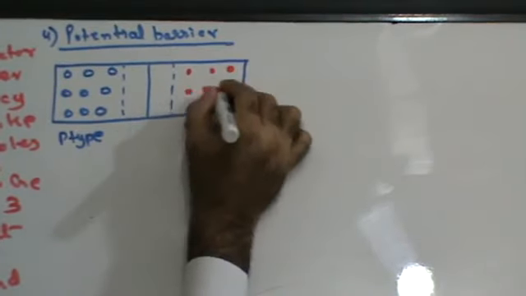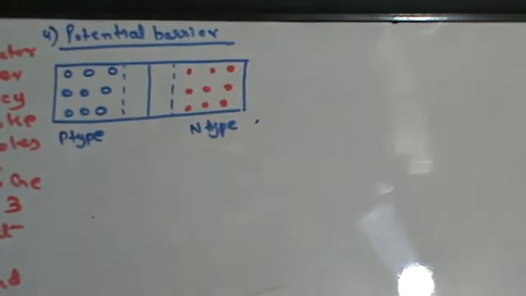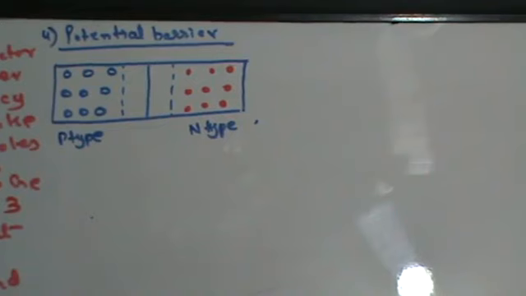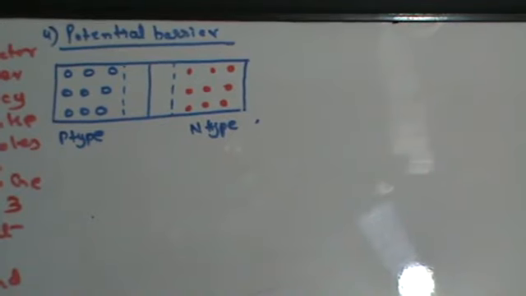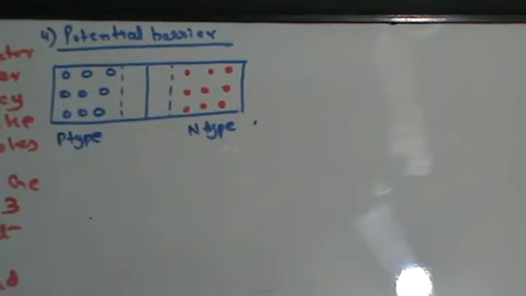Now, at the intersection of the P and N junction, there will be a tendency for the electrons to diffuse over from the N type to the P side, because opposite charges attract. As a free electron moves across the junction from N type to P type, the P-type hole gets uncovered.